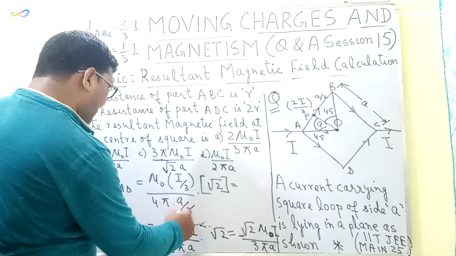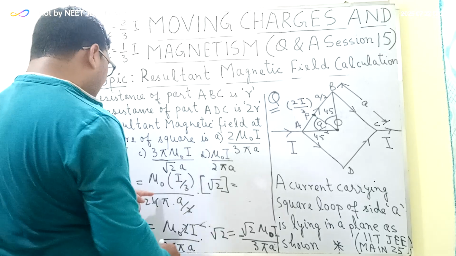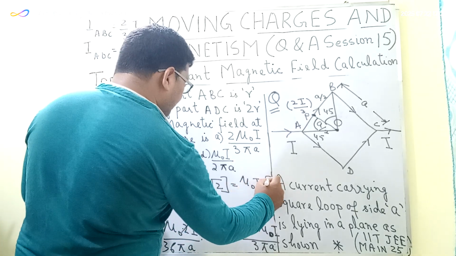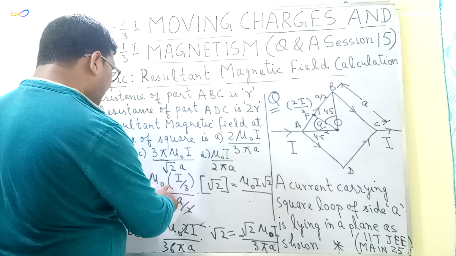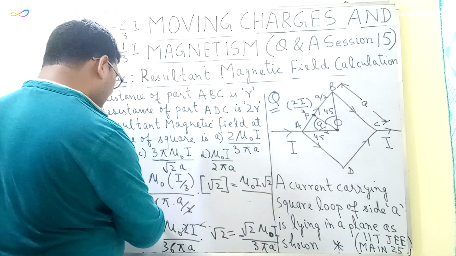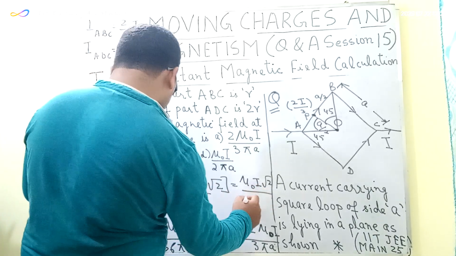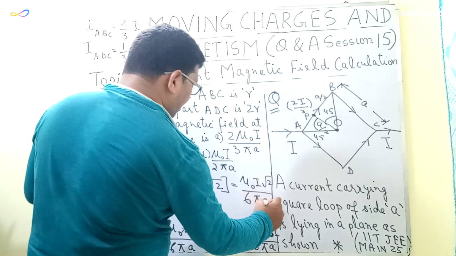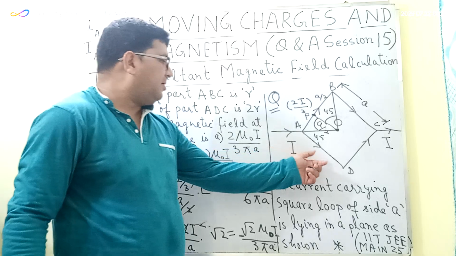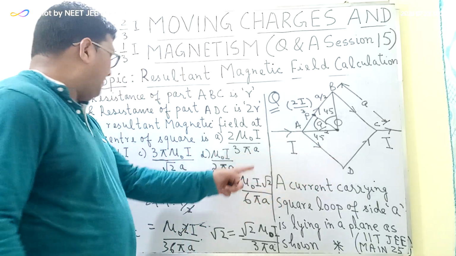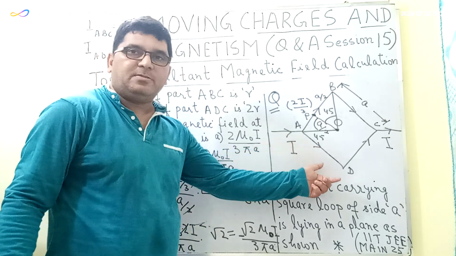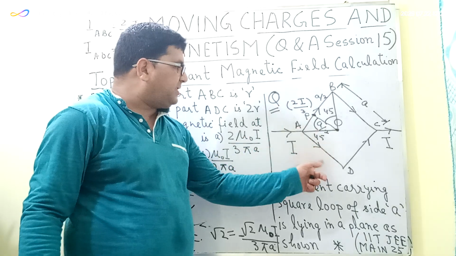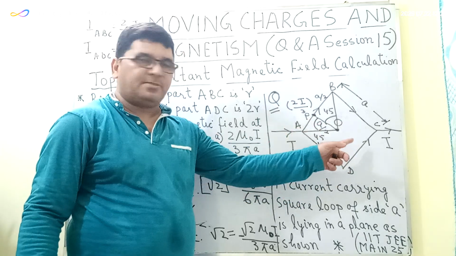So from here, this will be equal to mu naught I root 2, and this will be equal to 6 pi a. Now the magnetic field due to this part AD will be directed out of the plane, because the direction of the current here is opposite.